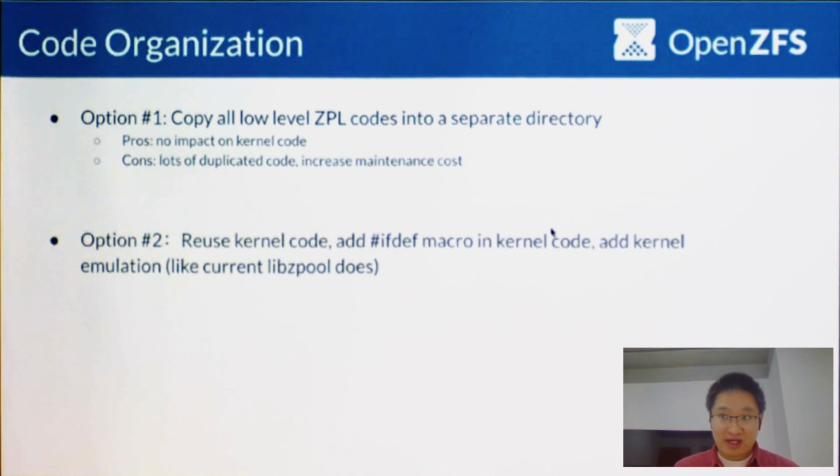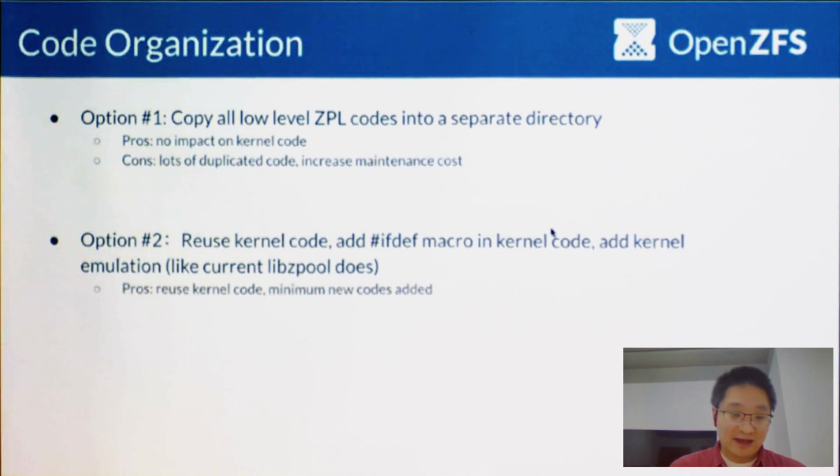Option two is we reuse the kernel code and add some ifdef macros in the kernel code. Like if defined kernel, we call the kernel API, else we call the userland API. And we also need to add the kernel emulations, just like the current ZQ does for the DMU layer.